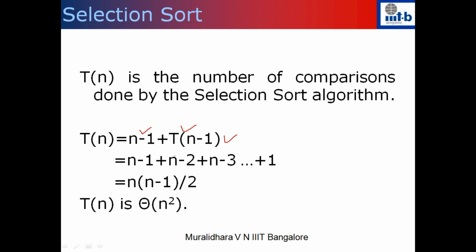If we expand this, we get n minus 1 plus n minus 2 plus n minus 3 and so on plus 1, which is the sum of the first n minus 1 numbers, which happens to be n into n minus 1 divided by 2. So the total number of comparisons done by selection sort will be exactly theta of n square.